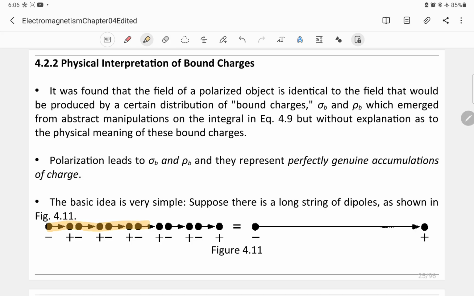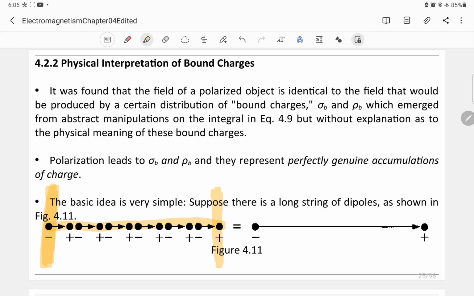When you polarize the material, you can only see the charges at the boundary. Say for example this one here, there will be an accumulation of negative charge here, and there will be an accumulation of positive charge here.